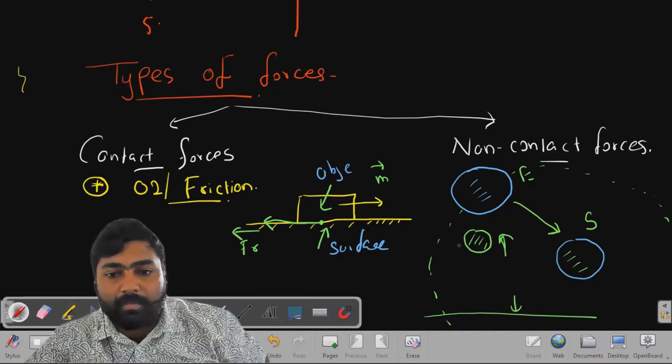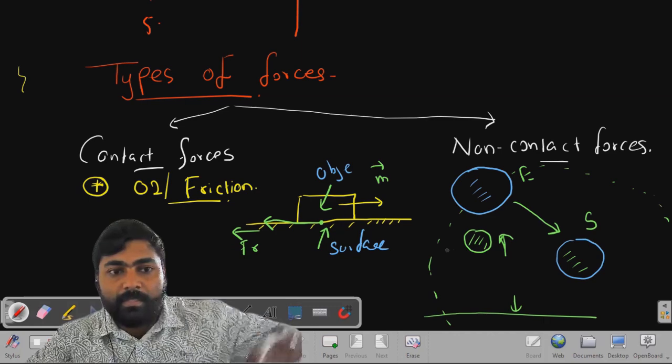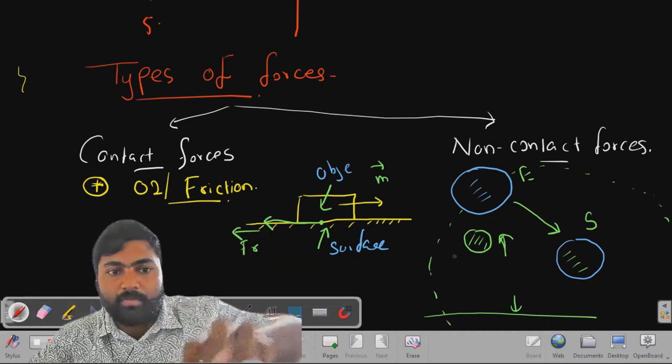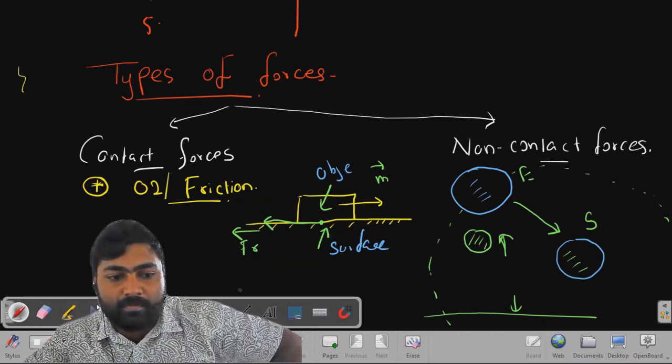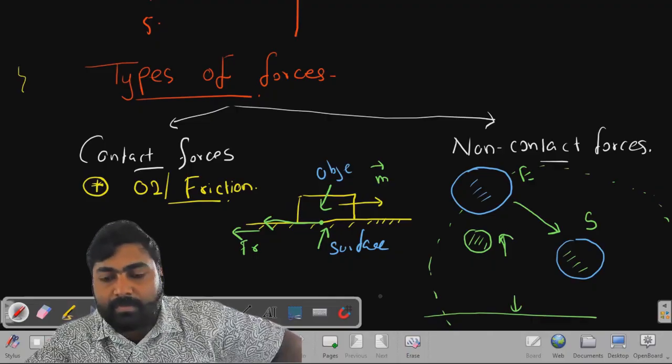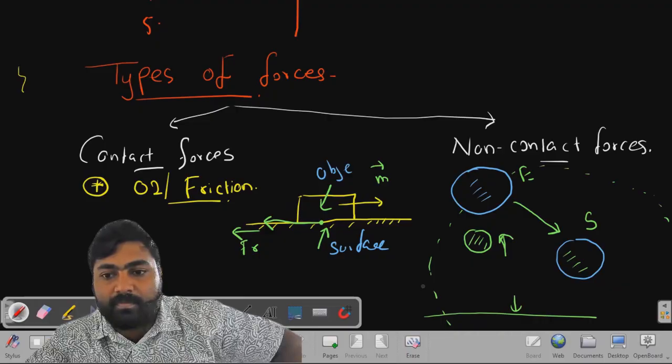So what happens? Will it freeze in the atmosphere or move towards the ground? It moves towards the ground. So what is the reason? What is the reason?